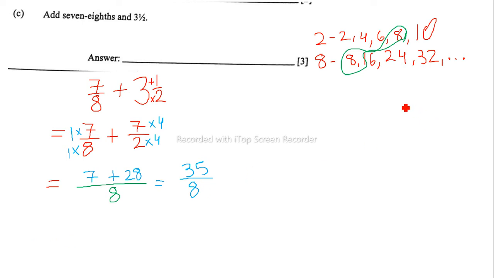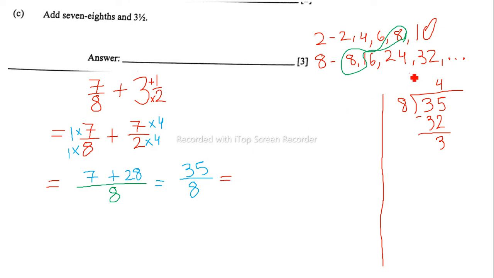And so we have to divide, right? So 8 goes into 35 how many times? 4. 4, yes. 8 times 4 is 32. 35 minus 32 is what? 5 minus 2 is 3. So that means that our whole number is going to be what? 4.